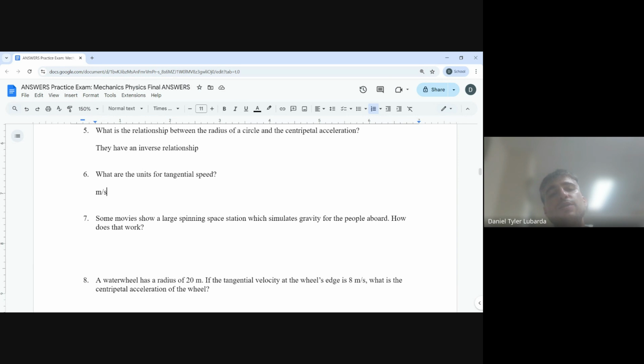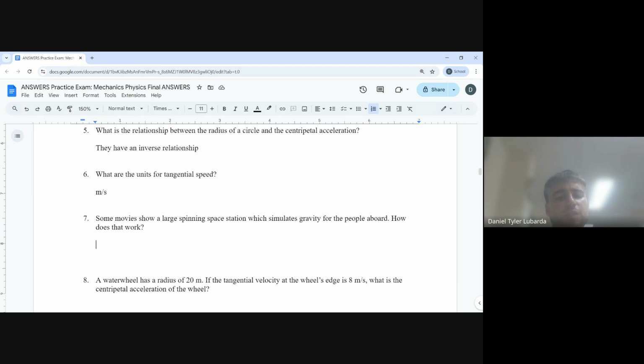Number 7 says, some movies show a large spinning space station which simulates gravity for the people aboard. I want to know, how does that work? Why would having a big space station spinning around give you something like gravity?